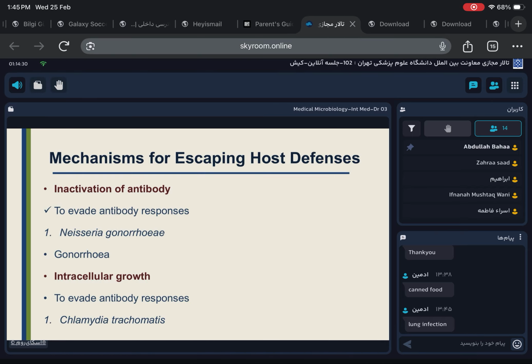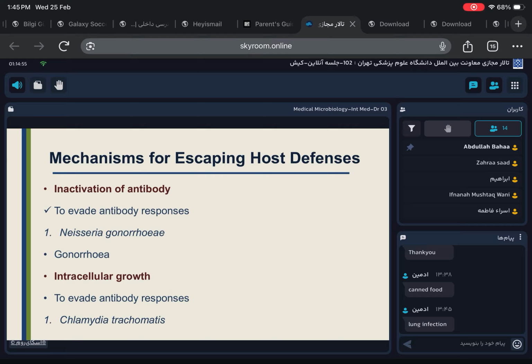Sometimes some bacteria have enzymes which are able to destroy antibodies. Antibodies are products of our immune system. An example is Neisseria gonorrhoeae.